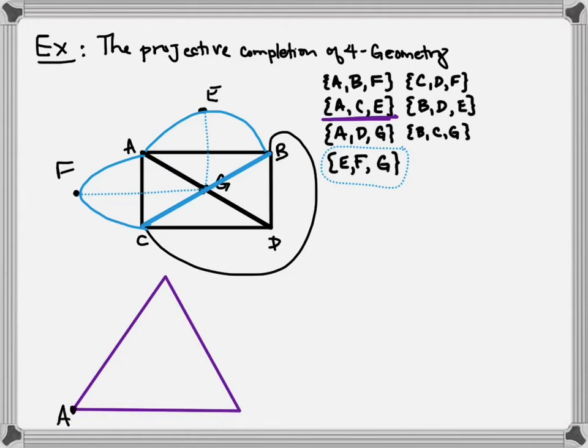Point A is going to be right here. B is here. And we're going to put a point C in the middle. F is on the bottom. D is on the top. E is on the right. Kind of looks like a midpoint. Doesn't need to be, but visually speaking, it'll work if it's there. We've got G on the left.